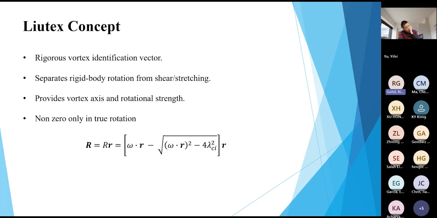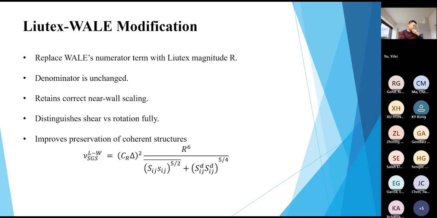Now let's see how we used Liutex to modify WALE. In the Liutex WALE model, we replace WALE's numerator with the Liutex magnitude. The denominator remains unchanged.